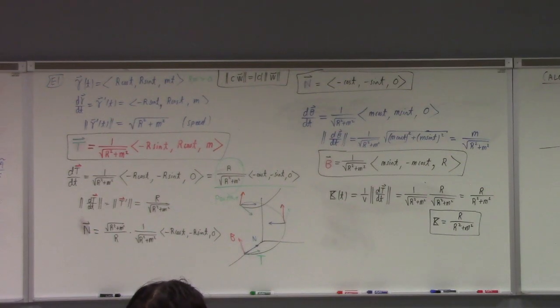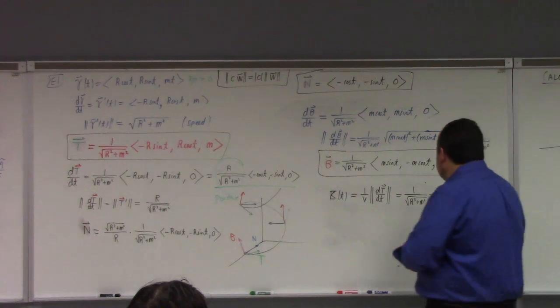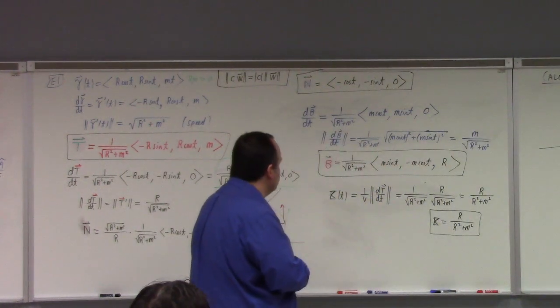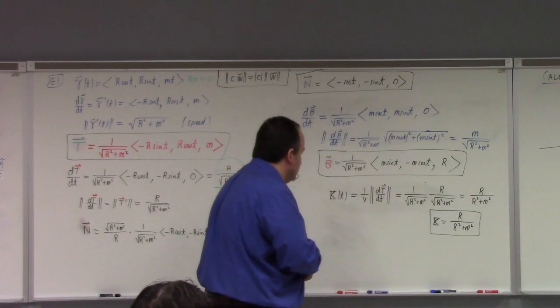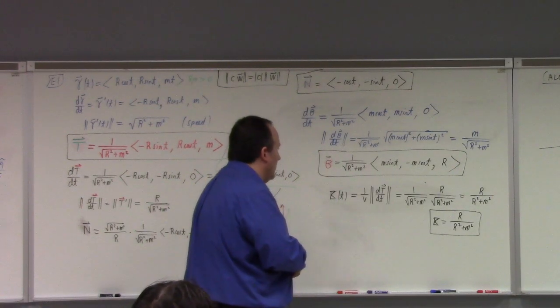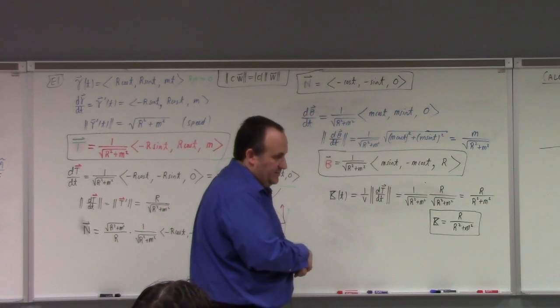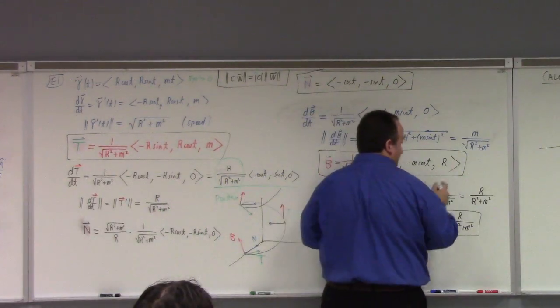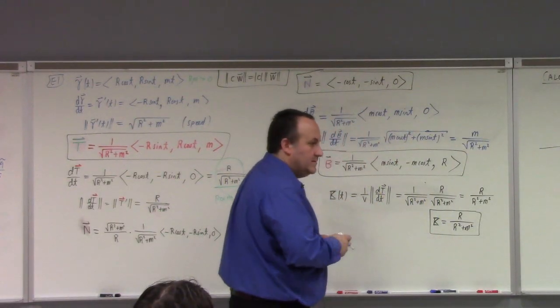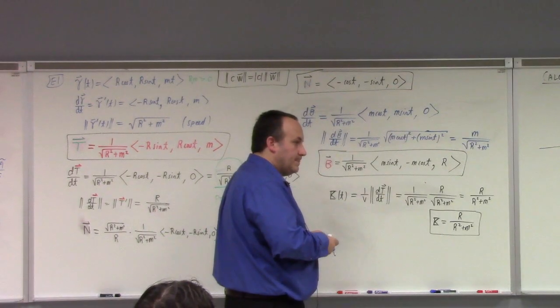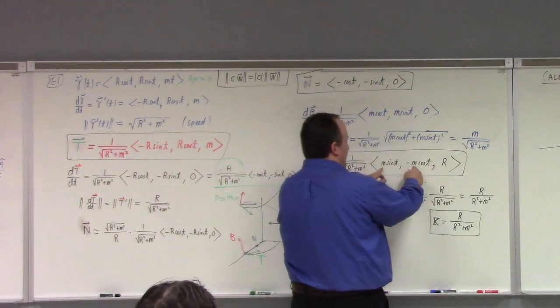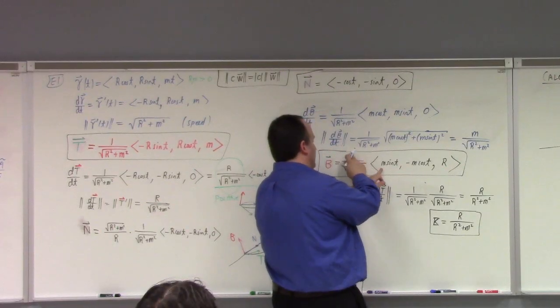Yes, sir? When you differentiated b, why didn't we take the constant out front and keep it in addition to the 1 over the square root of r squared plus m squared that was there? Well, I could do that, but then that would cost me dividing r by m. If I factor m out of here, I have to do it like this.